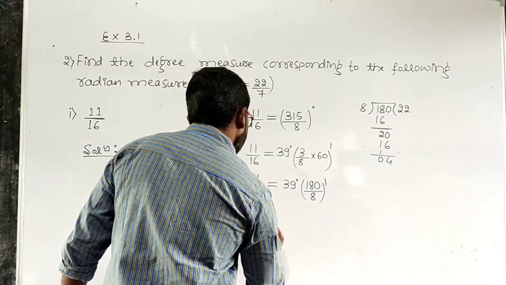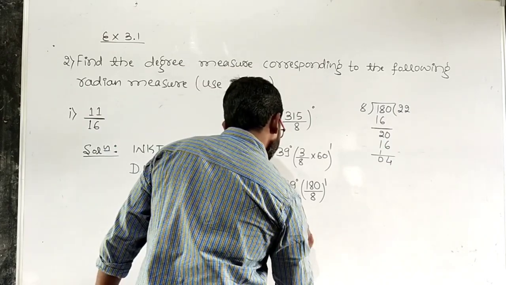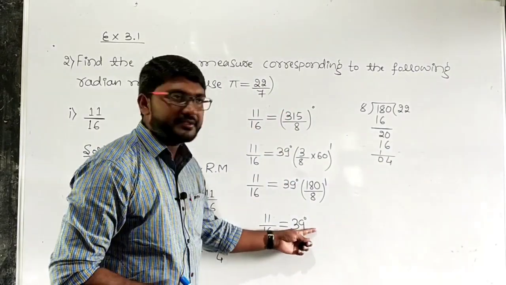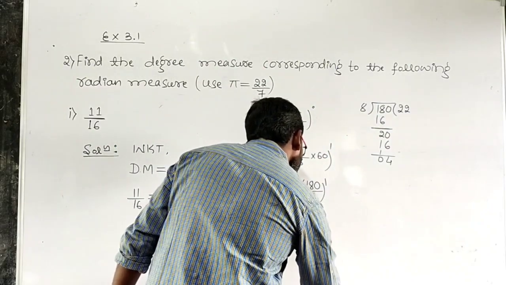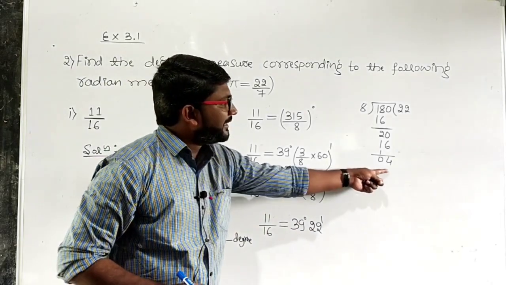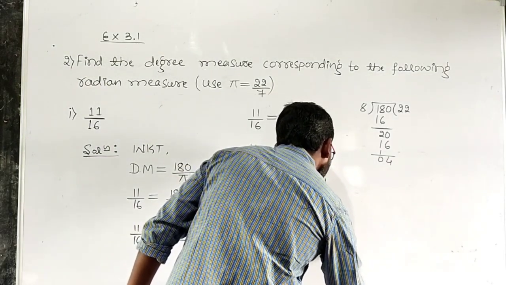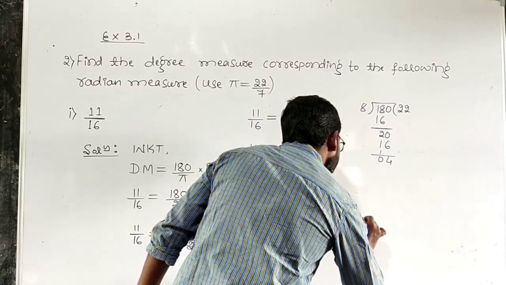So here 11 by 16 equals 39 degree. Now we take the quotient, it is 22 minutes, single bar. Now 4 by 8 into 60 seconds, double bar.